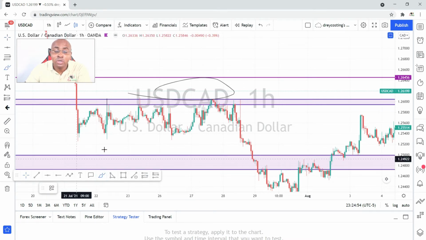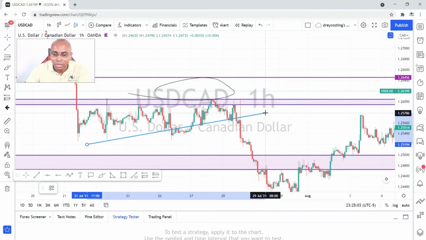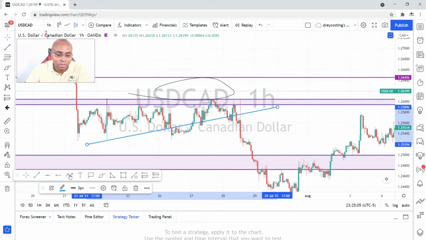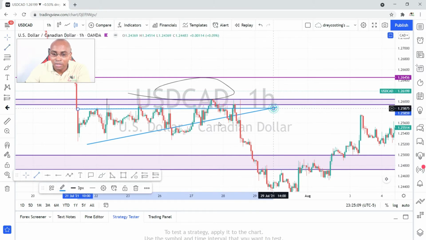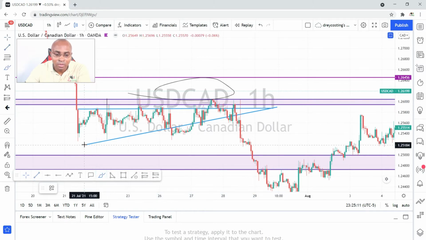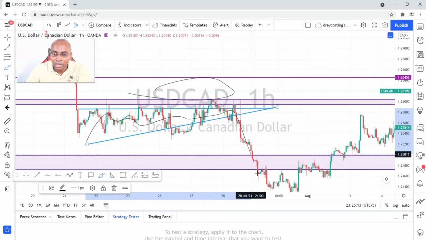This is what you call an ascending channel. We're going to speak about this in a later advanced session as well. Boom, ascending channel. Bam, bam, and then breakout.